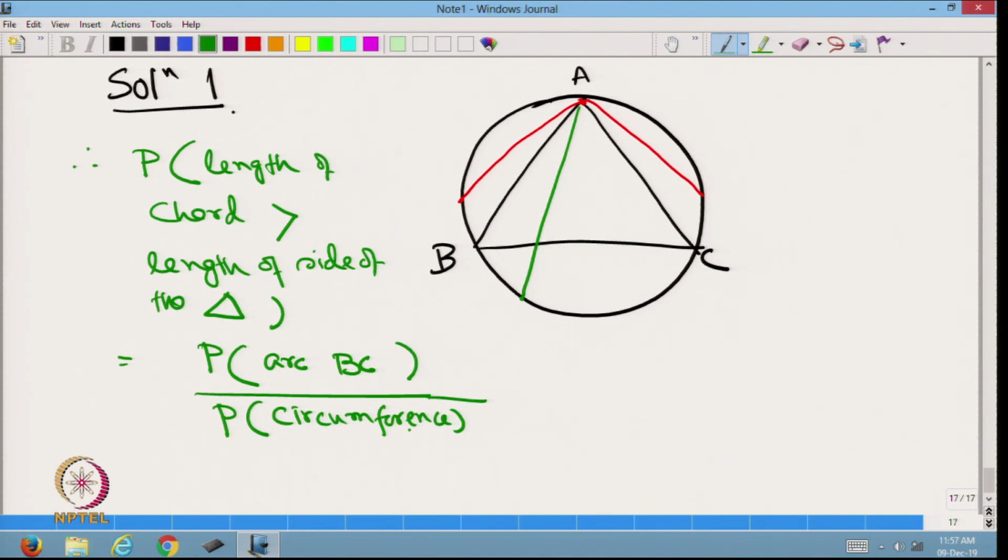We are dividing by this because if we consider the length of the circumference, this is going to be 2 pi, which is not 1.